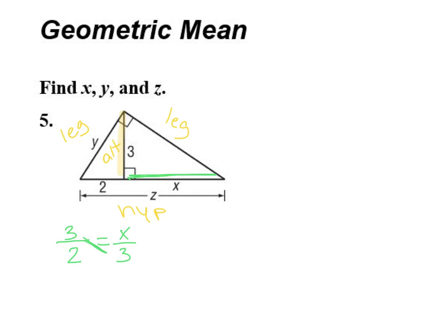From here, it's a proportion to solve. So 3 times 3 is 9, equals 2 times x is 2x. Divide both sides by 2, and we get x has a value of 4.5.